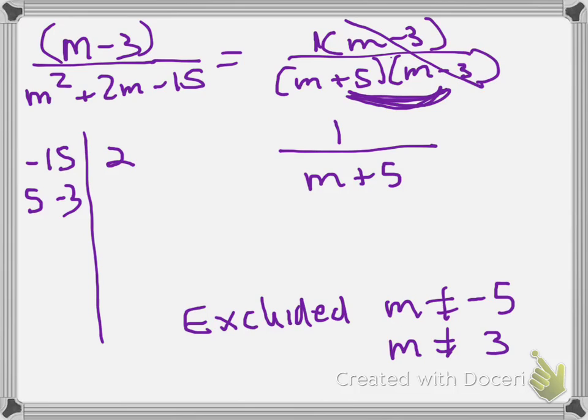There will be a solution that we'll get into later, but that's how you find excluded values. You look in the denominator, whatever will zero out inside each set of parentheses, and whatever zeroes it out, those are the excluded values.